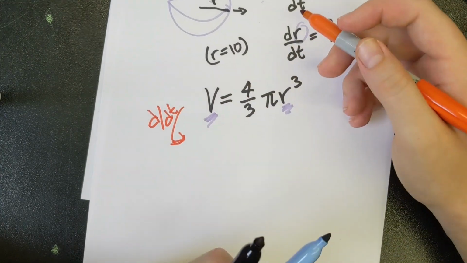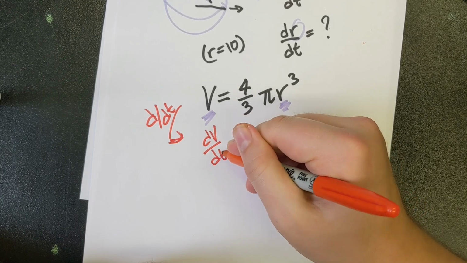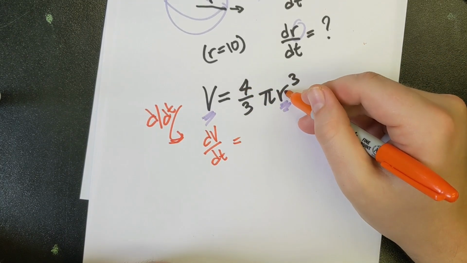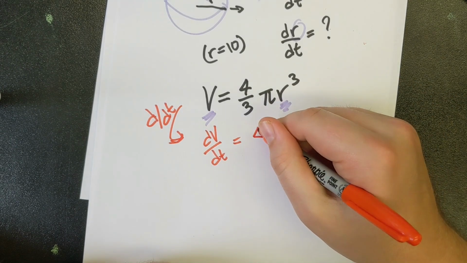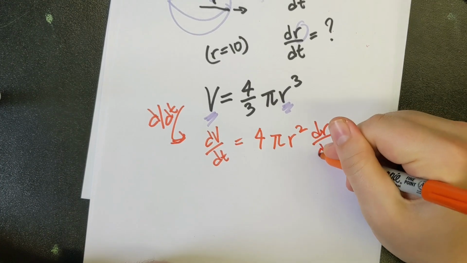The derivative of volume with respect to time is just dV/dt, times our 3 drops down when we take the derivative of this, so it becomes 4 pi r squared dr/dt.